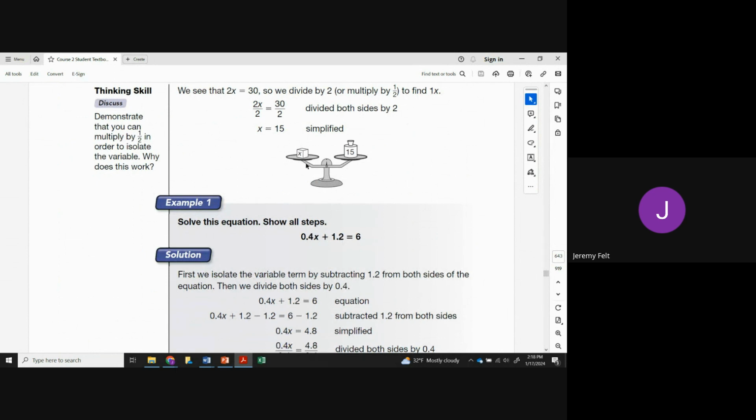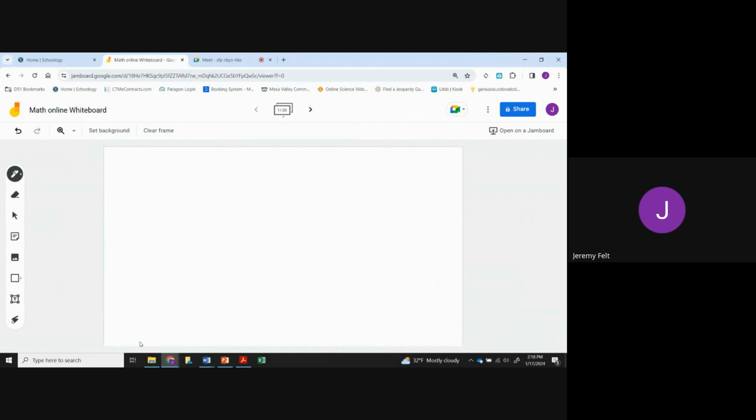So let's first look at this one. Again, think of it as a scale. If I do something to one side, I have to do the same thing to the other. So if we have 4x plus 1.2 equals 6, inverse operations, I'm adding, so I need to subtract.